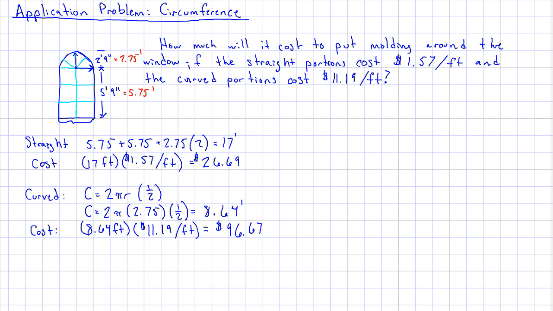Then I will add these two together in order to get the total cost for the molding around the window. And that should be about $123.36.